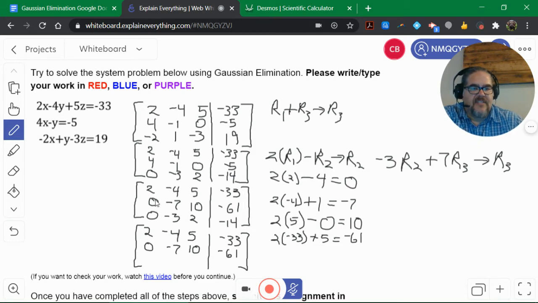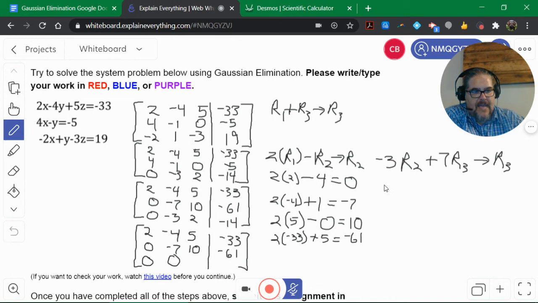Now, since both of these values are 0, we know that we're going to get a 0 here, so that's already done for us. And now we're canceling these out, right? So negative 3 times negative 7 is positive 21. 7 times negative 3 is negative 21. So those 0 out as well. Okay, so now let's look at these two values.